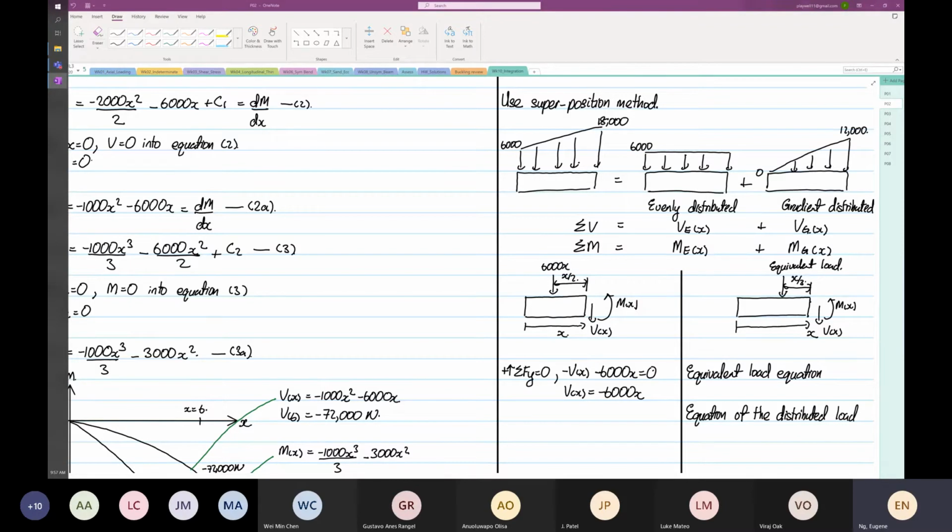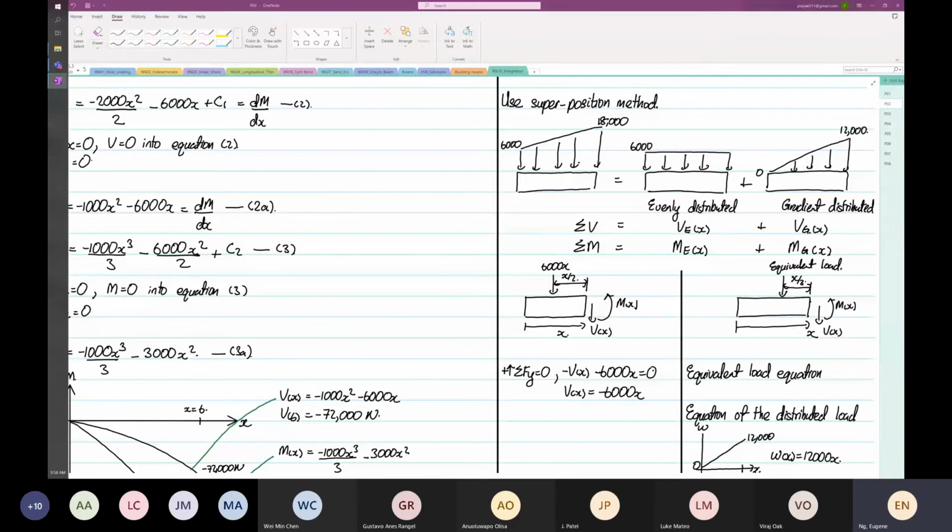So now I'm going to draw x and omega. This will start from 0 and end at what? 12,000, right? And this is 6, right? So omega as a function of x is equal to 12,000 x. Yes or no? That is 12,000 x.